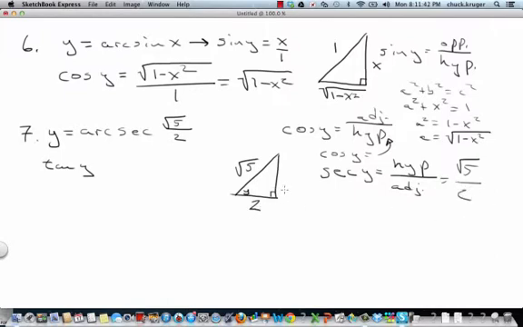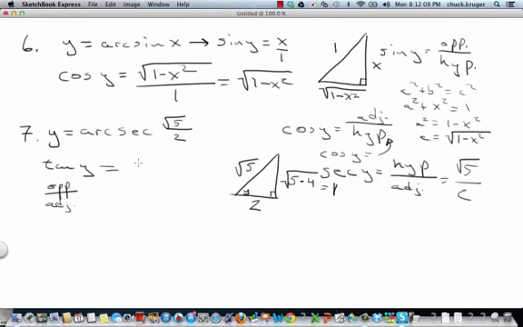Now to figure out this side, again, it's going to be the square root of c squared, which is 5, minus a squared, which is 4. And so I'm going to get the square root of 1, which means this is equal to 1. So the tangent now is opposite over adjacent.